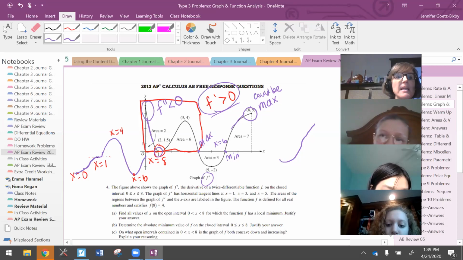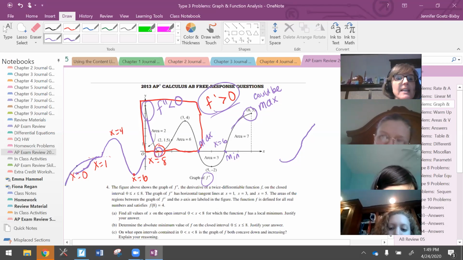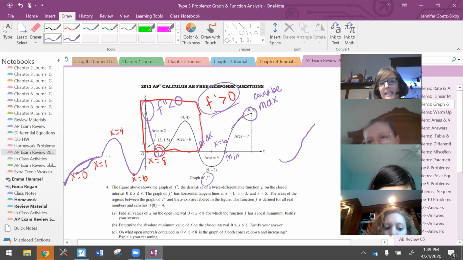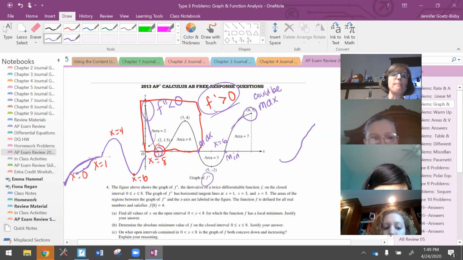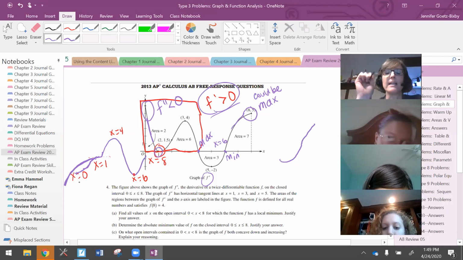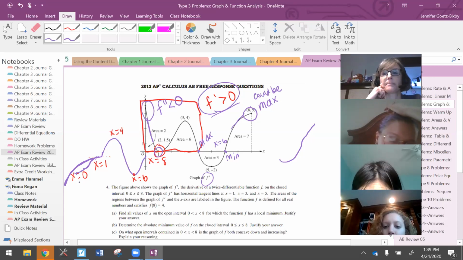Okay, it could be that the curve goes like this, so it is in fact concave down. But the bottom line is that f prime of x being greater than 0 tells me my function has to keep increasing. So down here at x equals 0, that has to be some kind of minimum.